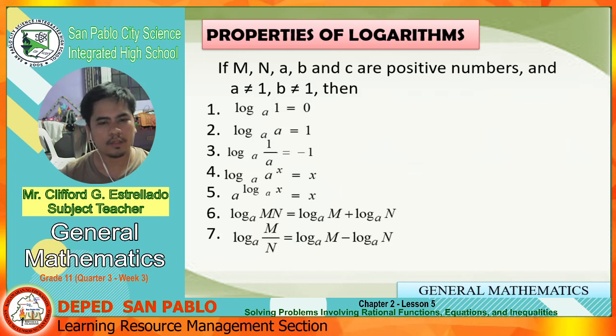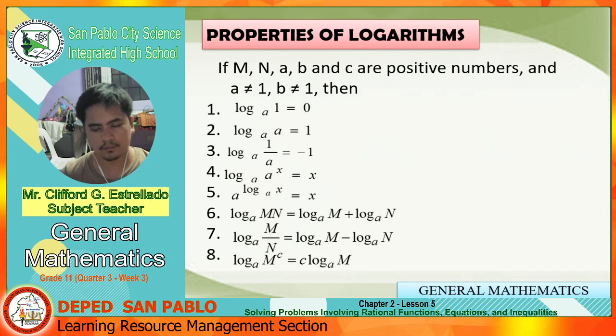So we have logarithm of m with the base a minus logarithm of n with the base a. And number 8, we have logarithm of m raised to the c power with the base a is equal to c times the logarithm of m with the base a.